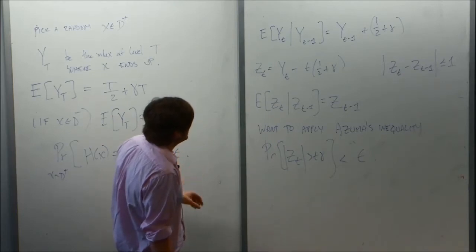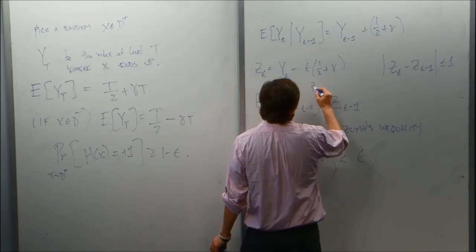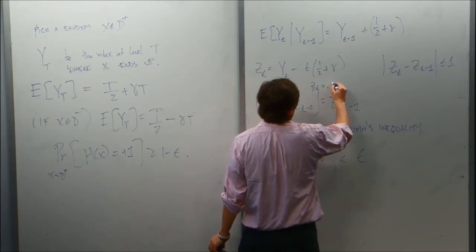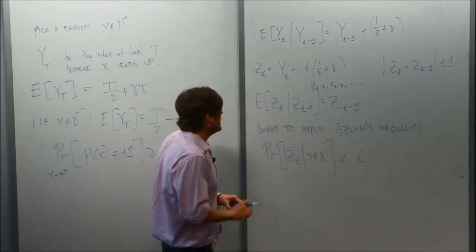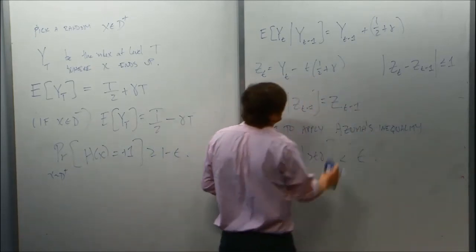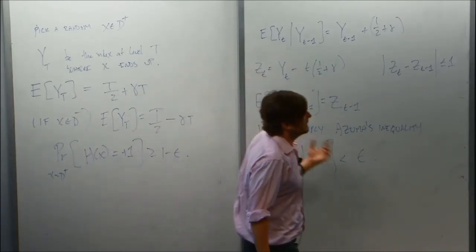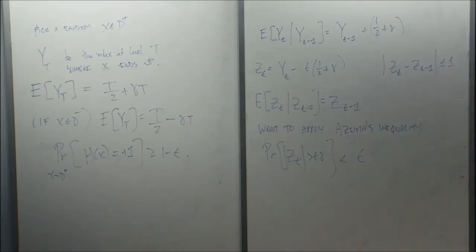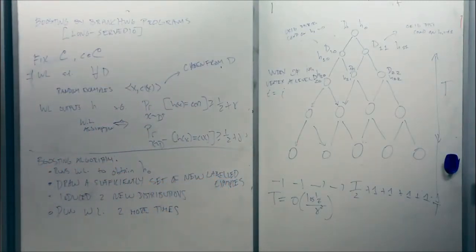Now, strictly speaking, if you want to apply Azuma's inequality, I should have conditioned on Z_t, the entire history, and so on and so forth. But because we're in a situation where Y_t is actually the sum of 0, 1 indicator random variables from this branching program, it's sort of well known that in this particular case I only need to condition on Z_{t-1}.